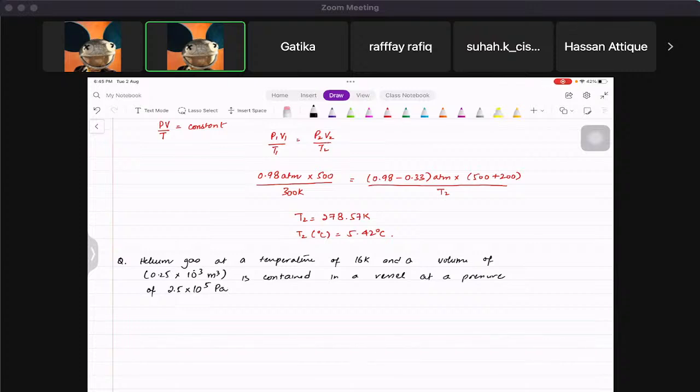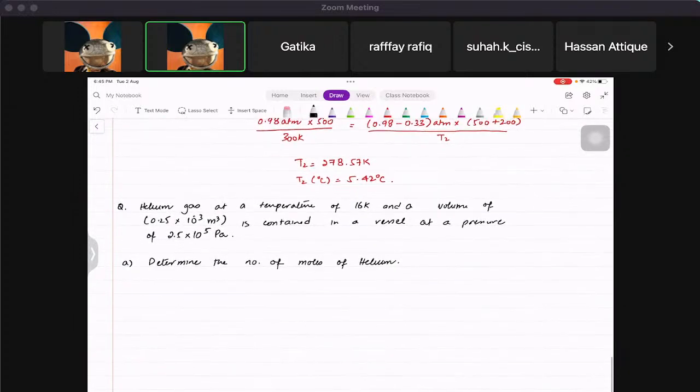Now, so first of all, it says determine the number of moles of helium. Then in the next section it says determine the mass of helium in grams. Okay.